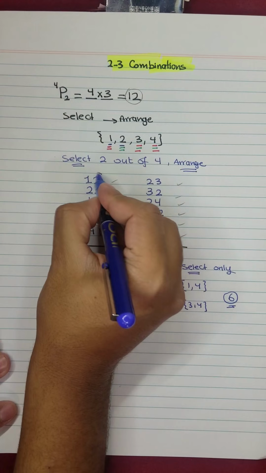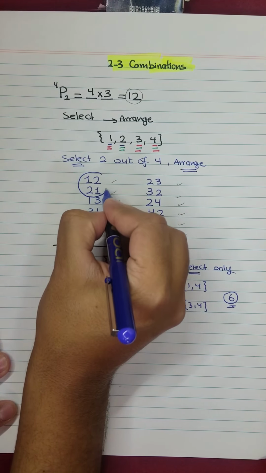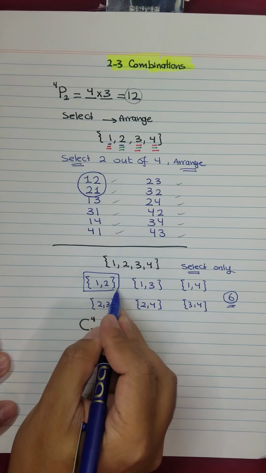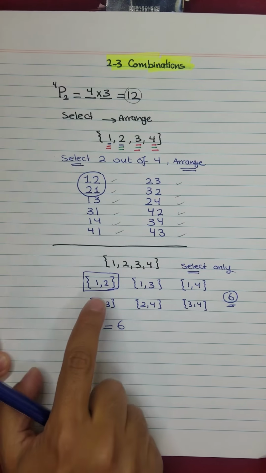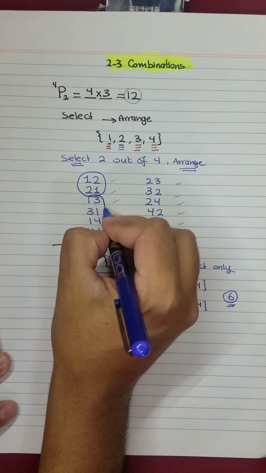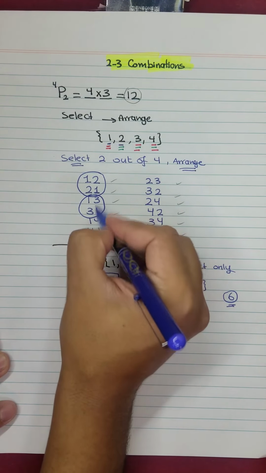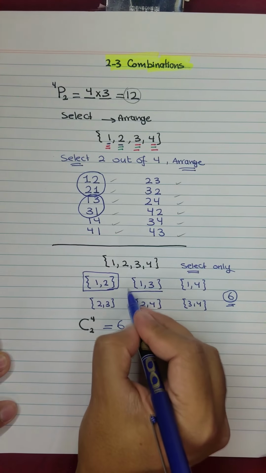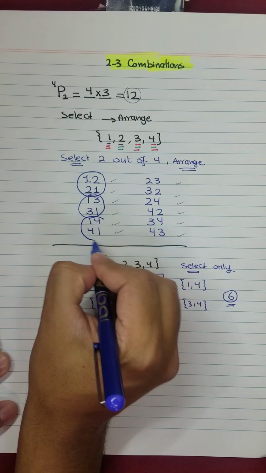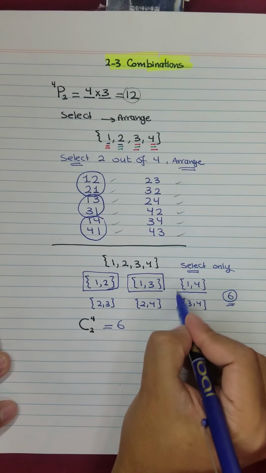Notice that these two permutations are actually one combination. These two arrangements are actually taken from one selection. And these two arrangements are taken from one selection. And these two permutations are taken from one selection.